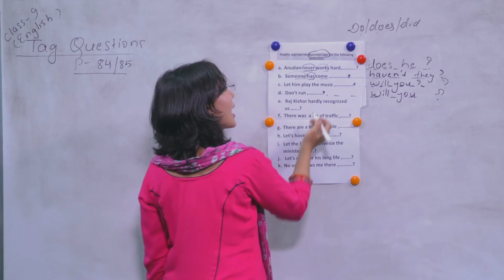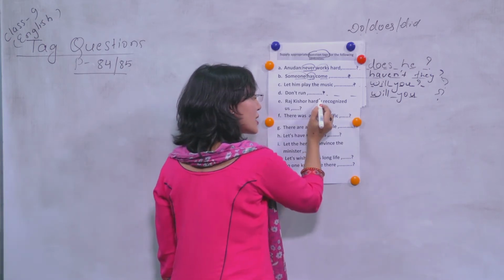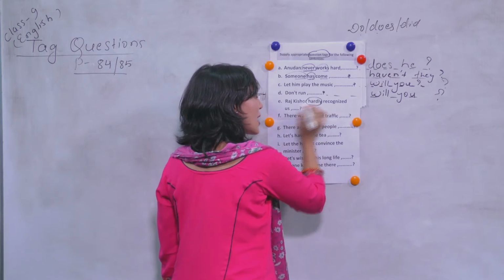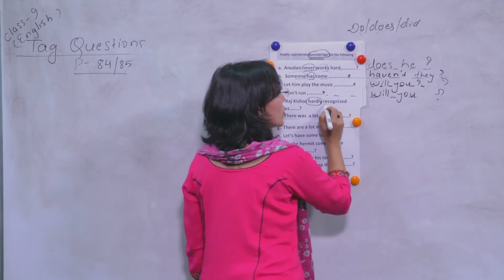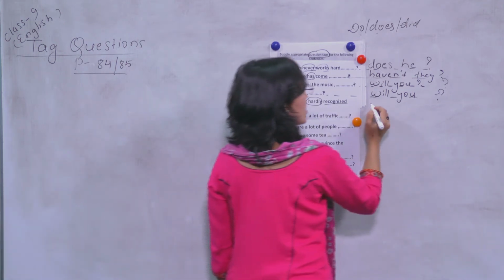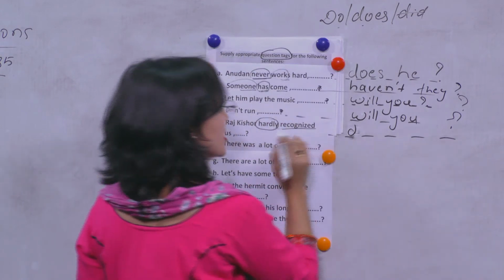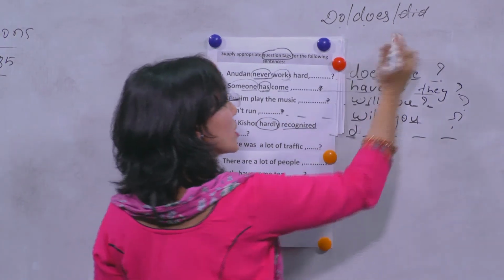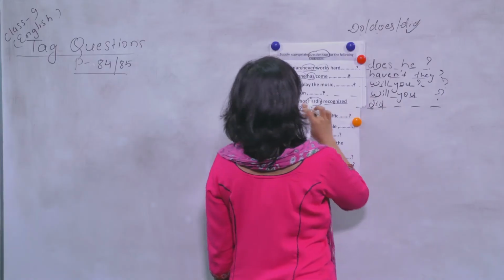Now Raj Kishore hardly recognized us. Have you noticed this word hardly? It makes the statement negative. So recognized, it is in past, no auxiliary, that's why we take the help of did here. So did he?